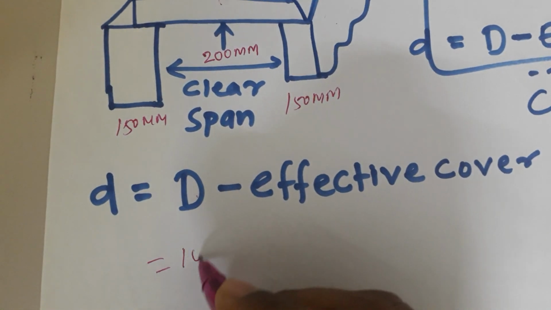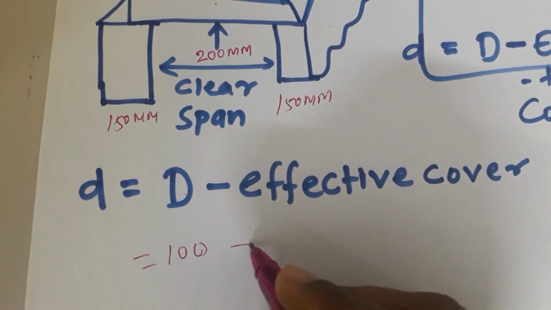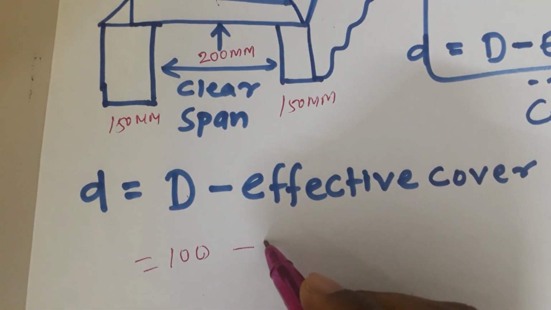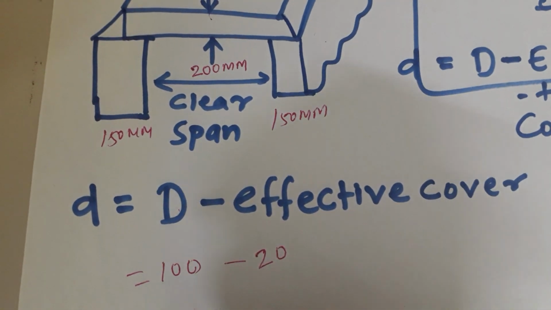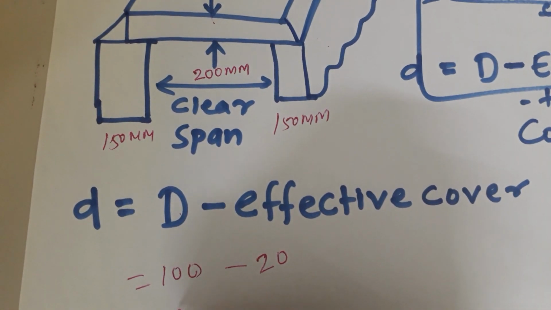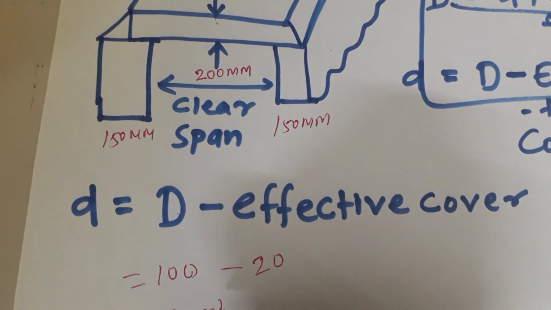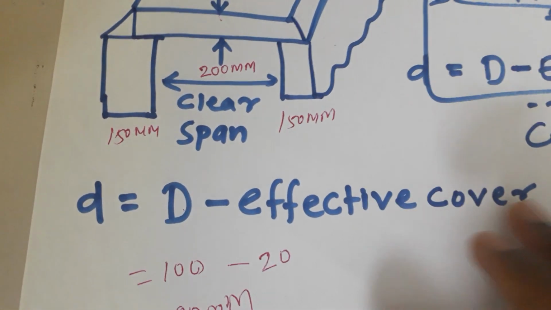Suppose we consider 100 mm minus effective cover. Suppose we consider effective cover as 20 mm, then D comes to 80 mm.